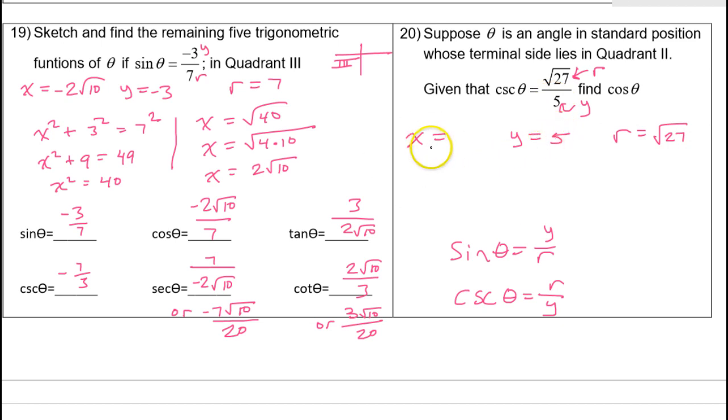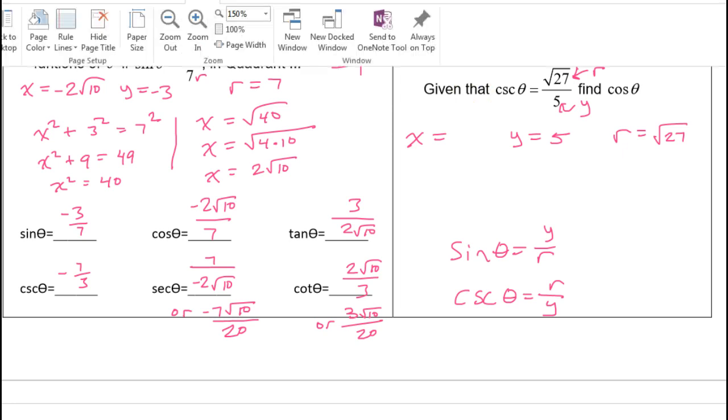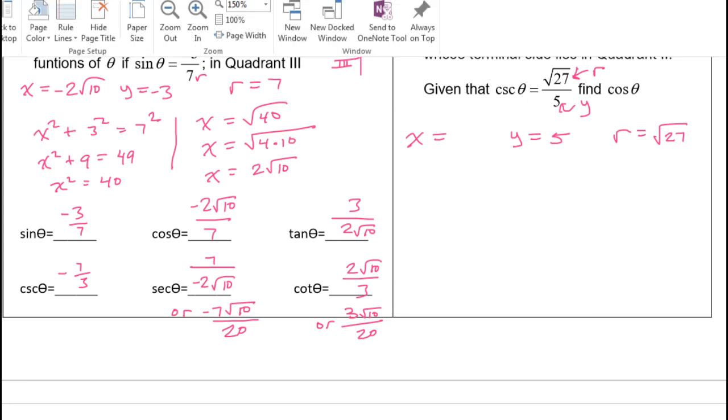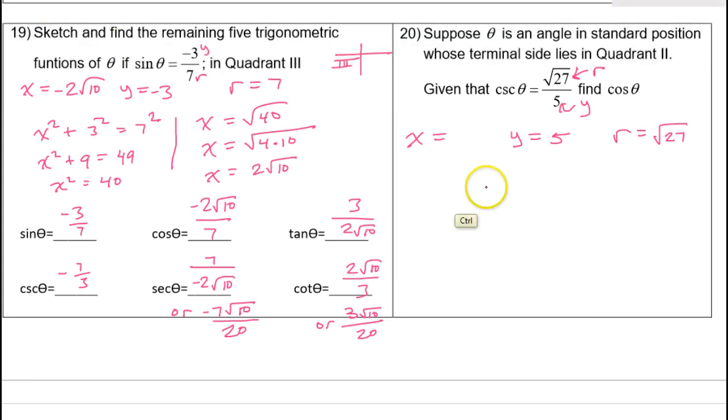So I just need to find x. And I will do that using the Pythagorean theorem. Okay, so I should be thinking x squared plus 5 squared is equal to radical 27 squared.